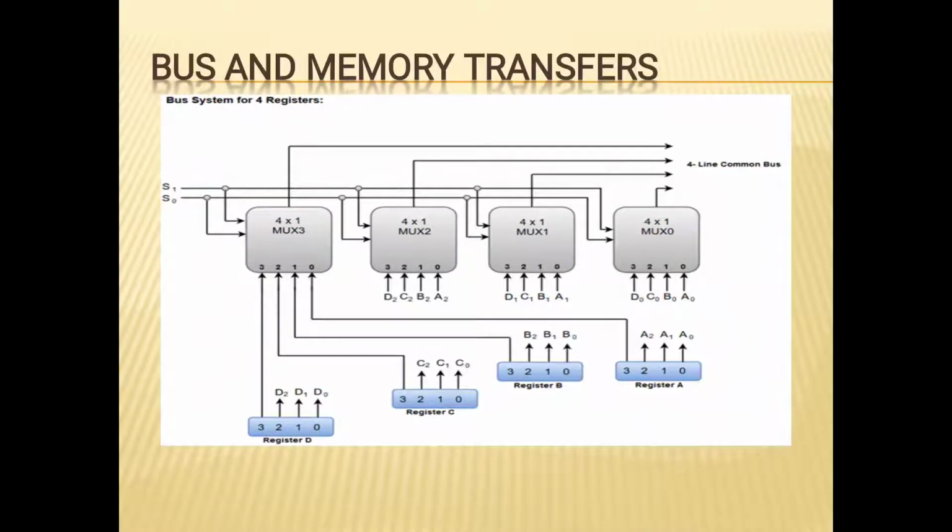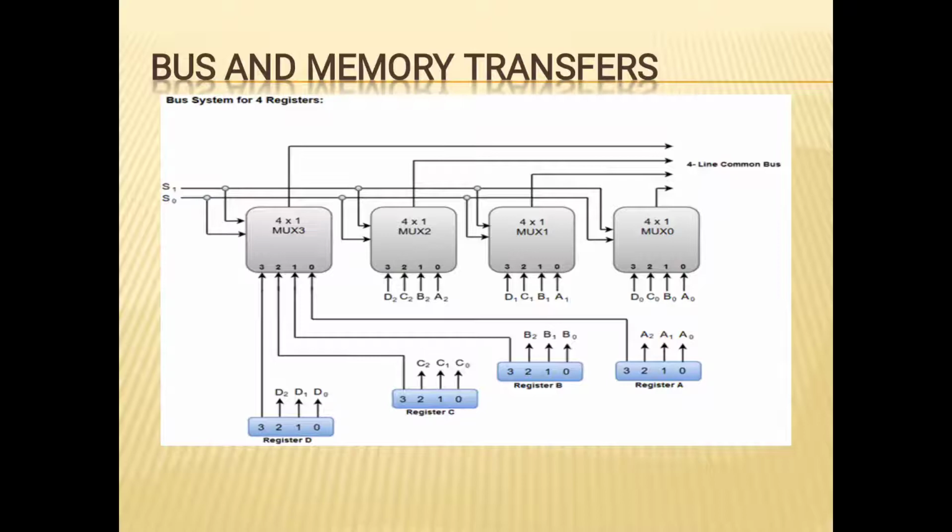You have four multiplexers, each multiplexer of 4 into 1. It means that a multiplexer has 4 input lines and 1 output line.